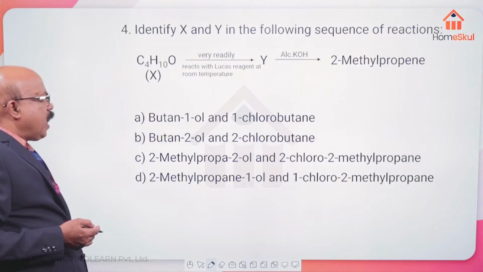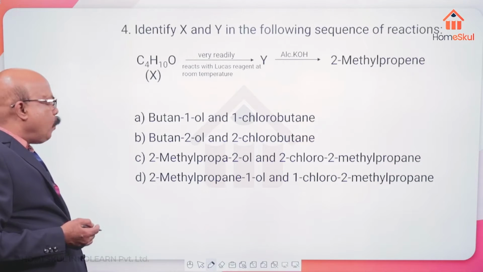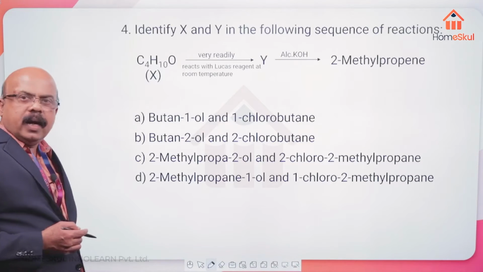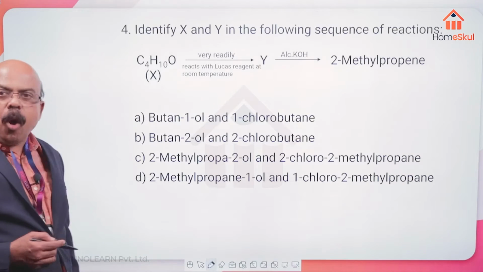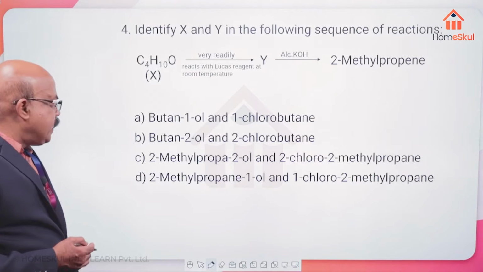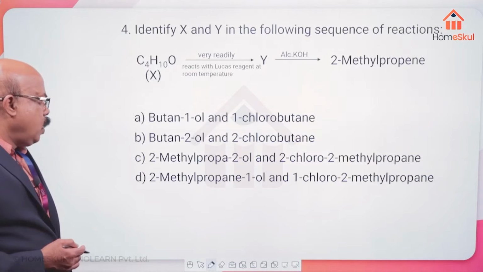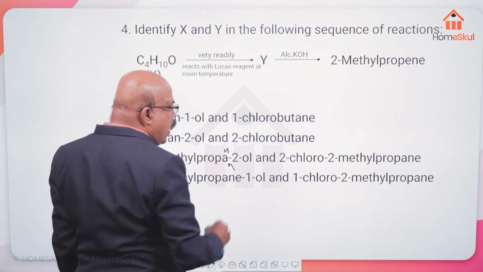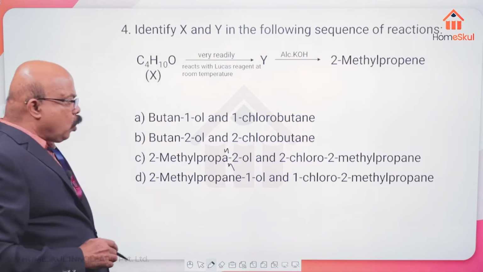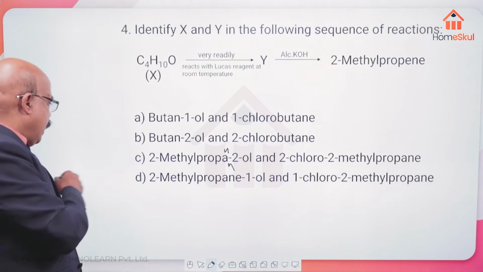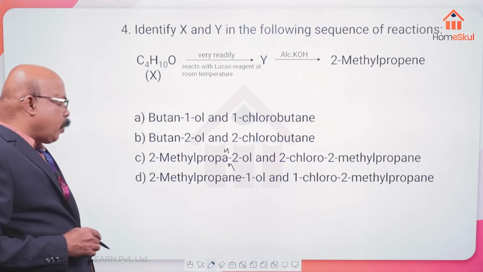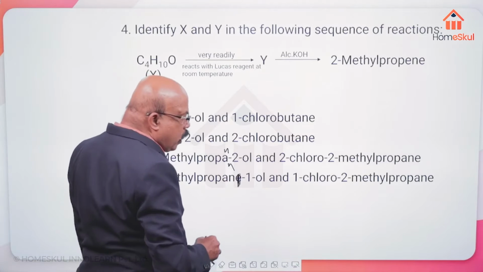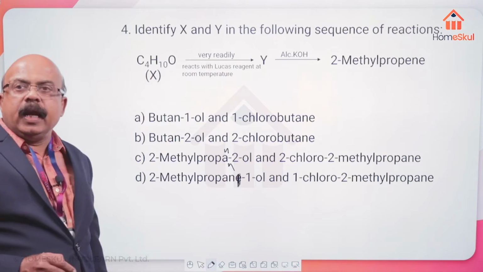Options: A, butan-1-ol and 1-chlorobutane. Option B is butan-2-ol and 2-chlorobutane. Option C is 2-methylpropan-2-ol and 2-chloro-2-methylpropane, and the last one is 2-methylpropan-1-ol and 1-chloro-2-methylpropane.